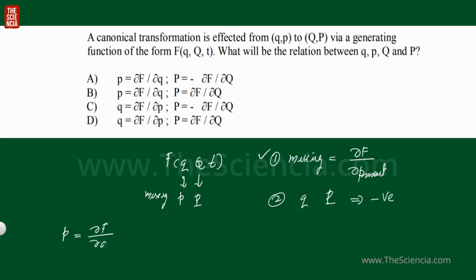What is present? That is ∂q. And another one, what is the missing coordinate? Capital P. What is the present? That is ∂F by ∂capital Q. And now use the second condition, that small q and capital P are negative, so this will be negative. So you can easily construct any relation between q, p, capital Q and capital P. So remember these two conditions. It's very important. Okay.